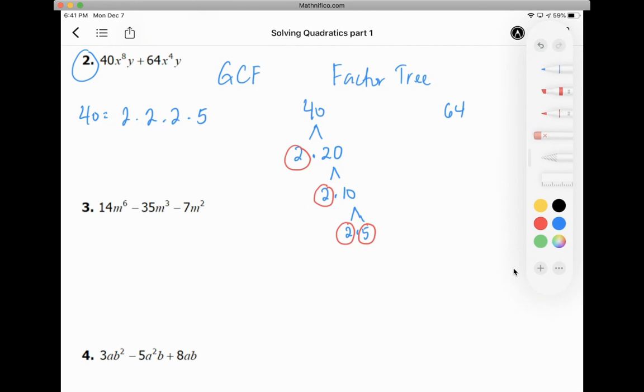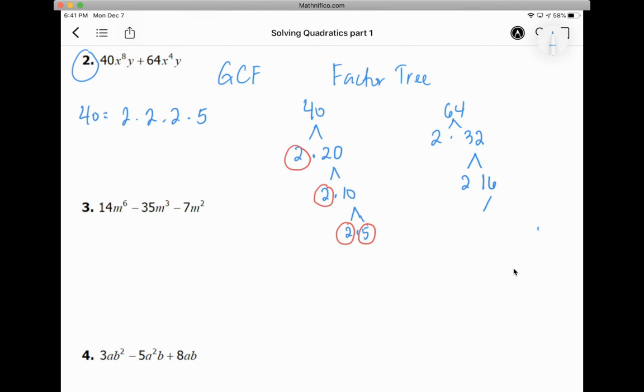My 64, if I divide it by 2, the least I could have would be 32. 64 divided by 2 is 32. I can still divide 32 by 2, and that gives me 16. I could still divide 16 by 2, and that would be 8. I could still divide 8 by 2, and that gives me 4.